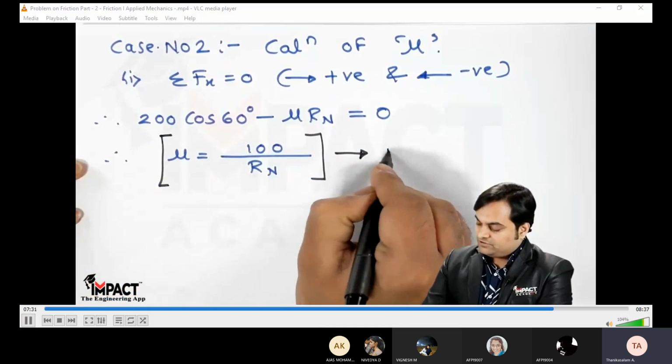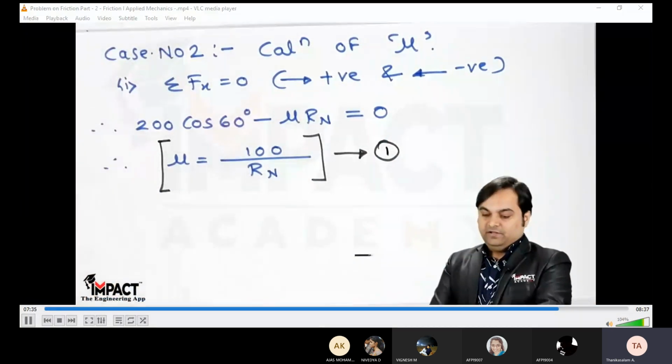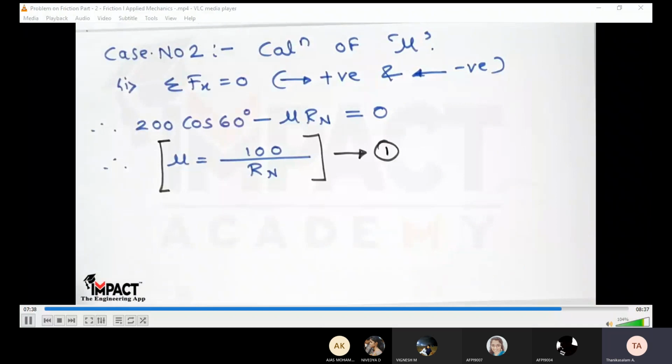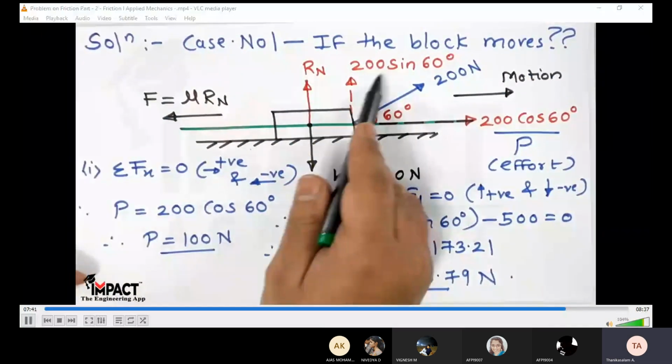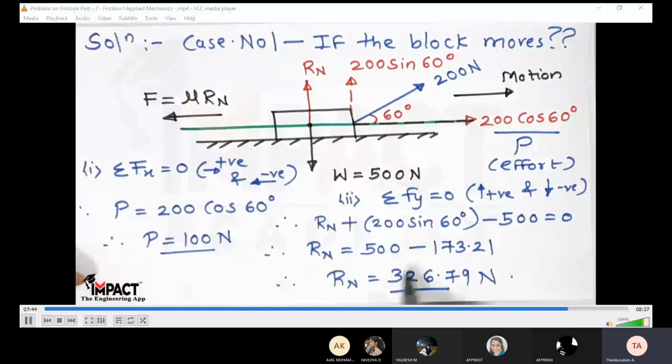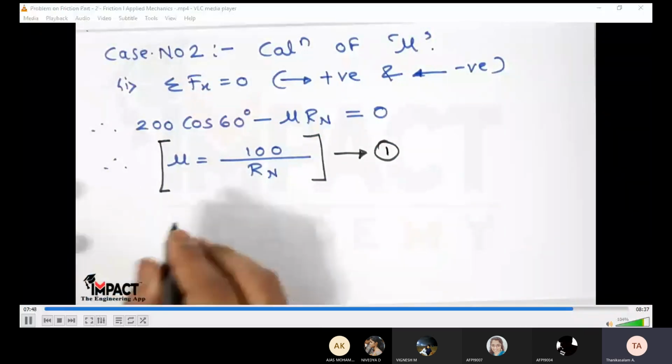That would be the first equation in case number two. To get the value of Rn, Rn will have the same value as in case number 1, because the weight and 200 sin 60 are the same, so it is 326.79. I can put the value over here.